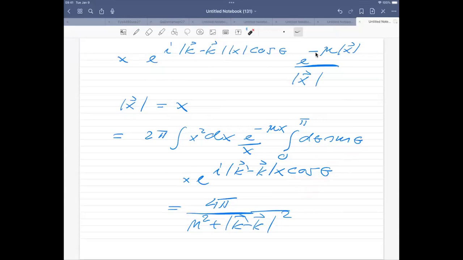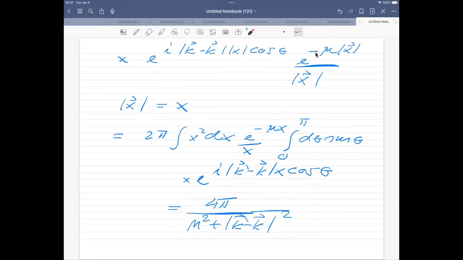That gives you just a sine function, which depends on x and the absolute value of the difference between two momenta. And then when you have that term, you can integrate that one up again with the e to the minus mu of x term, which you have here. And you will have a term with a sine k of x. And when you integrate that one up, you get this final term here.